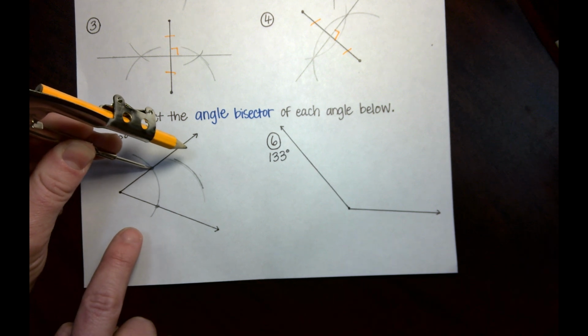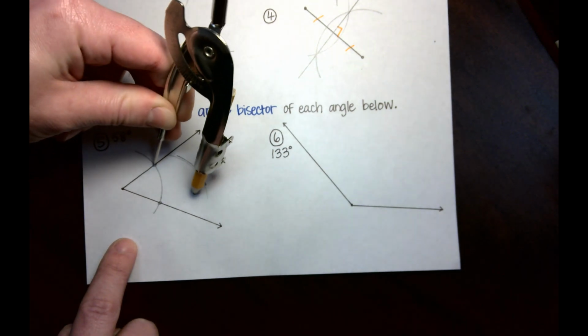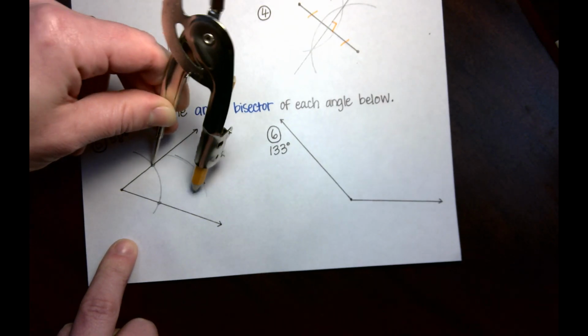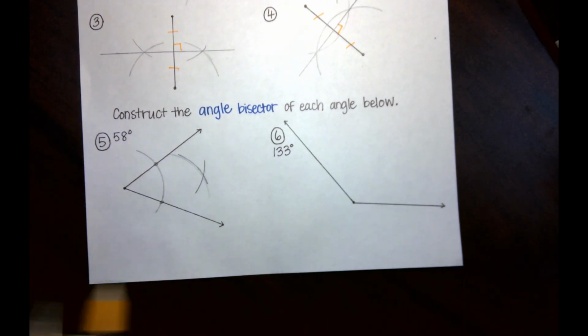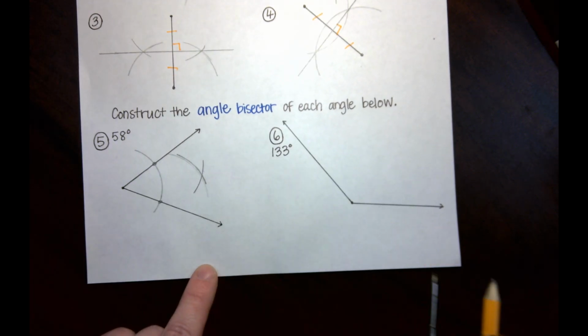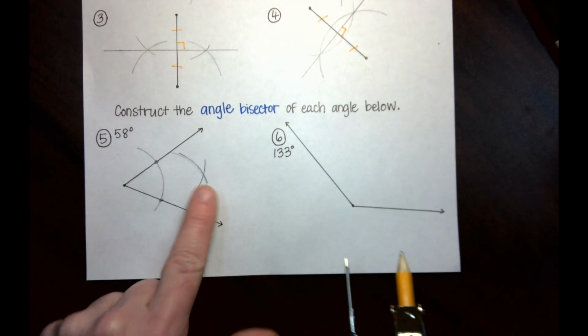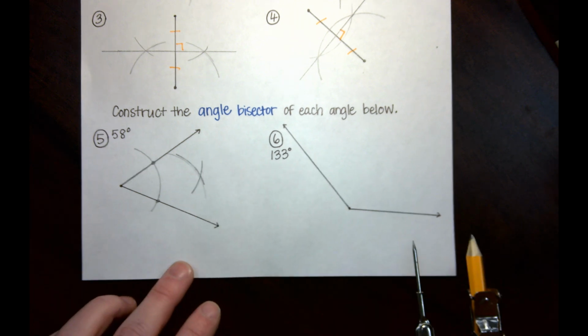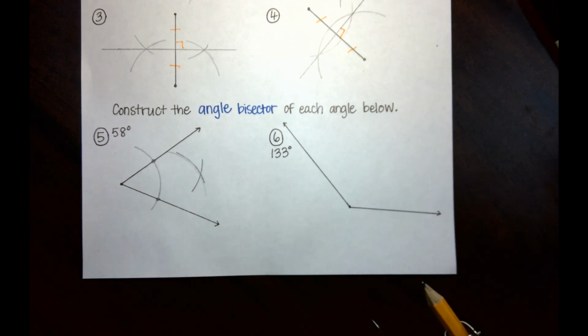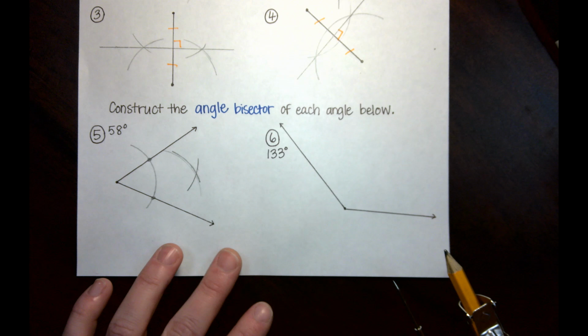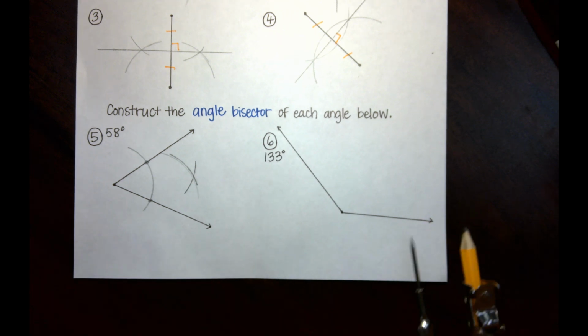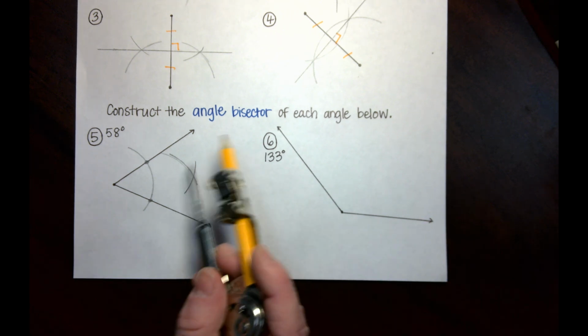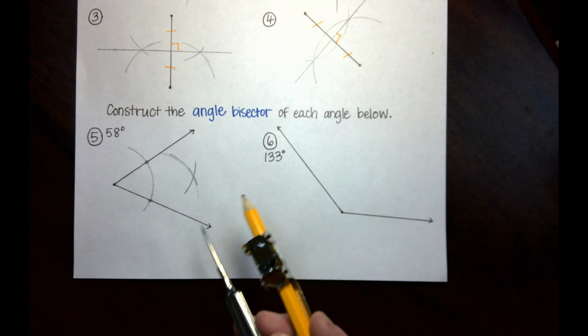Keep it open the same distance, and we want to make a third little arc like this. And you'll see that we've made another intersection. That's what we should end up with, a little X in the middle of our angle. And if anybody's having trouble getting this shape in the middle, let me know.